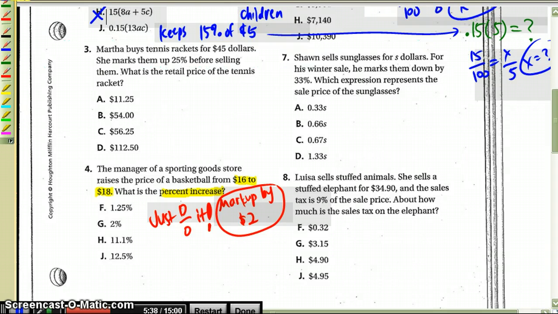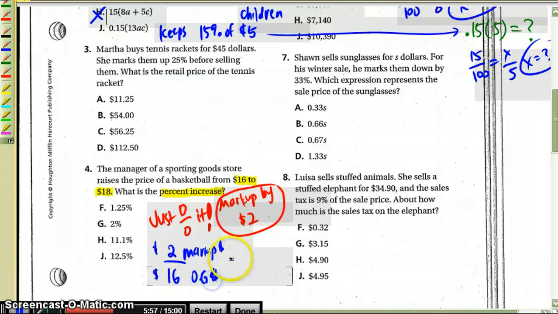The only difference is I'm looking for the percent of markup. I only know how much it got marked up. So if I wanted to, I can do 2 over the $16. So that's my markup price out of the original price is equal to the percentage over 100.